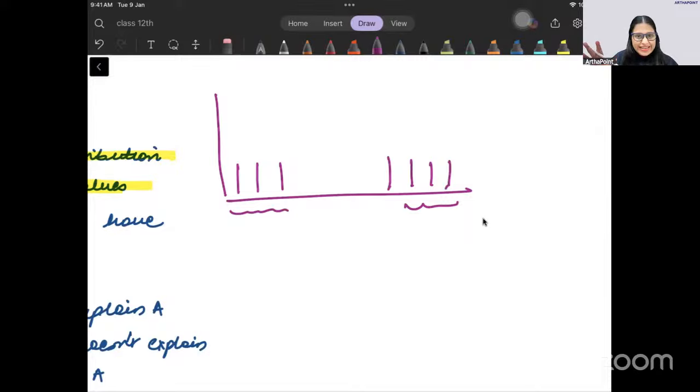So it has heavy tails. If the tail is heavier, more observations will be on the tail, so less will be there in the center. So what about the statements? Is it true, or are both false, or what should happen? Think.